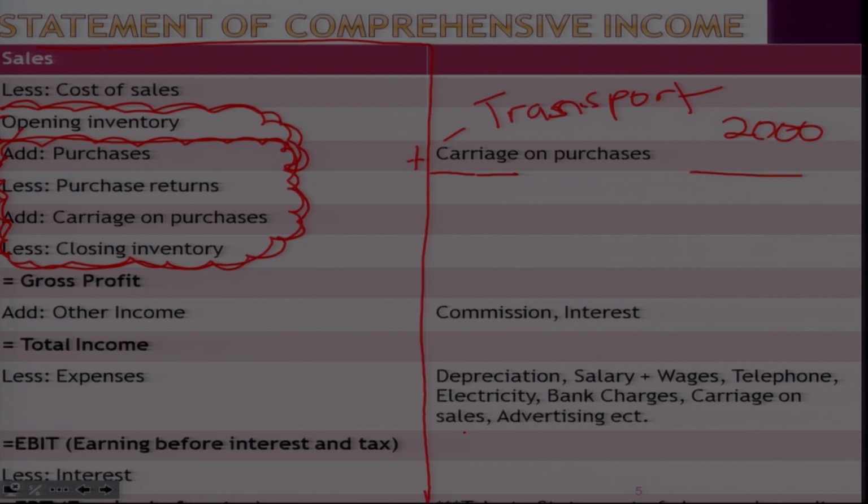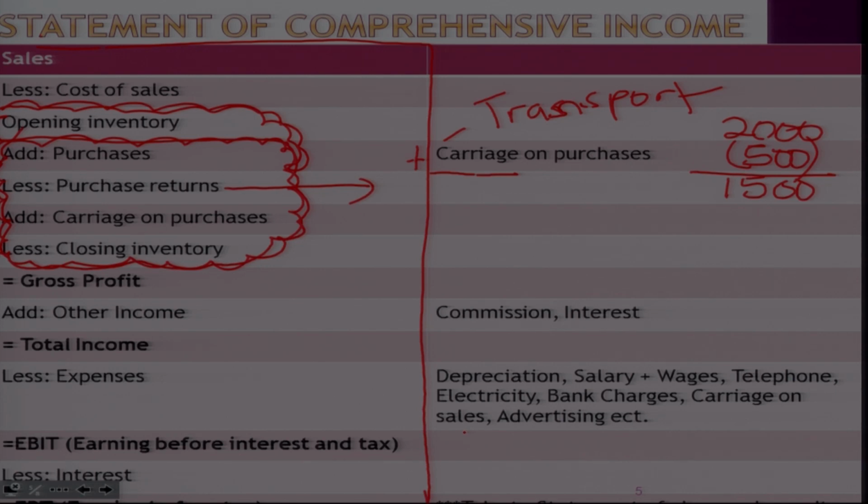It means at the end you can't owe them 2,000 anymore. You must owe them 1,500. Why? Because you deducted the 500 because you sent it back. And that's called a purchase return. There's the carriage on purchases. Remember I explained it. It is transport. You must add it. And then you must less your closing inventory.